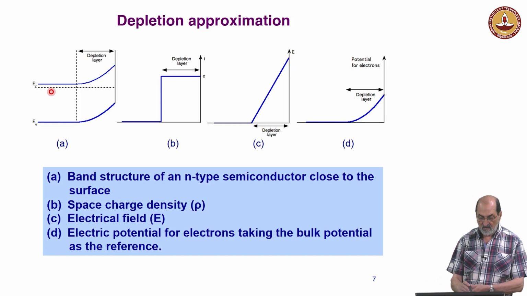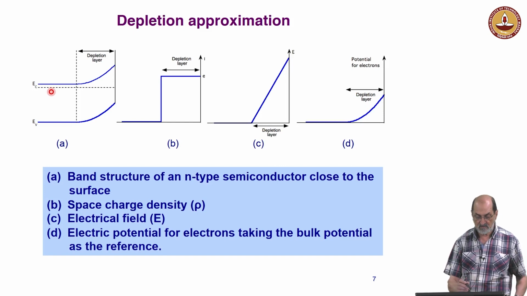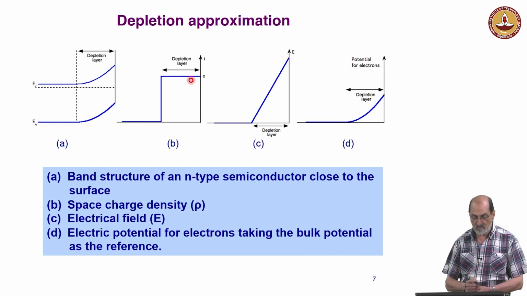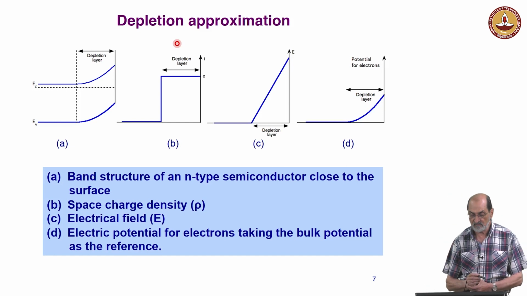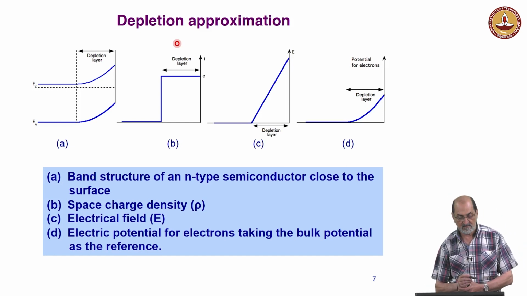So this is called the depletion approximation, in which as this potential goes up, we should have a net positive charge appearing in this region. And this should go slowly, growing like this. But if we take something abrupt, it works quite well. It's a very good approximation. And now things are simple, because to obtain the field in the depletion region, we have to integrate this function, which is constant.